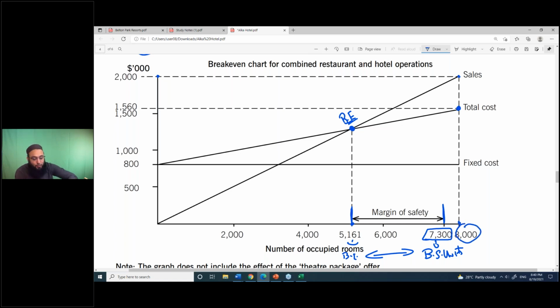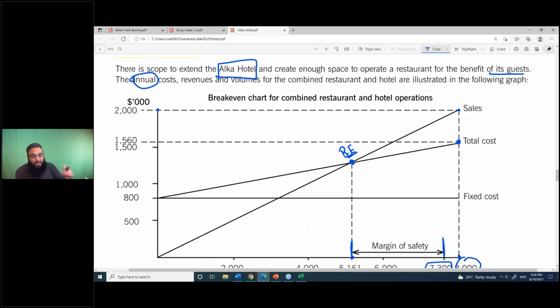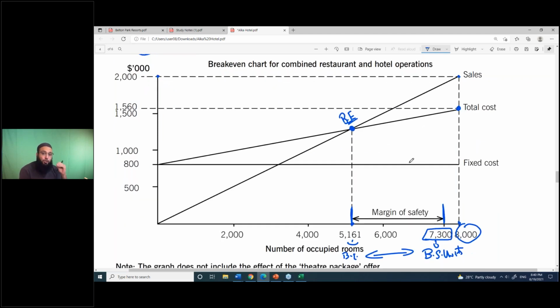So remember, this 8,000 is an example, it's an illustration, but your actual estimated budgeted sales that you are planning to achieve is 7,300. And this is how they have worked out MOS here. Got it?